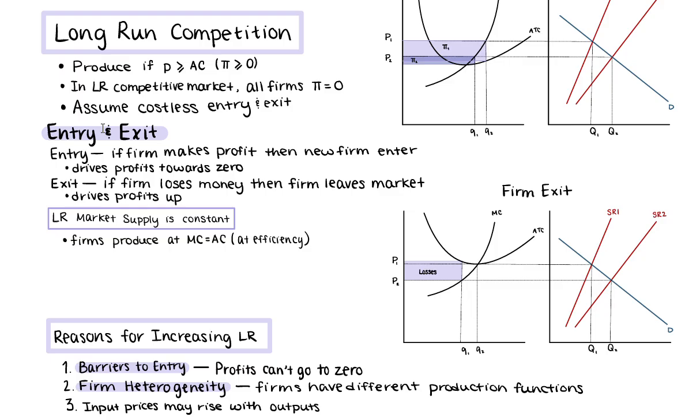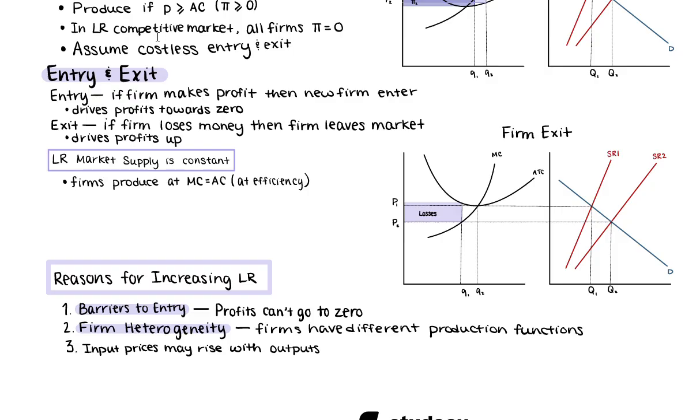Eventually your price equals your marginal cost, and in long run competition your profit is zero. And free exit: if firms lose money, then firms leave the market and that drives profits up because there are fewer firms in the market.